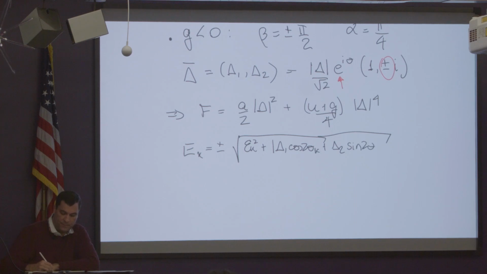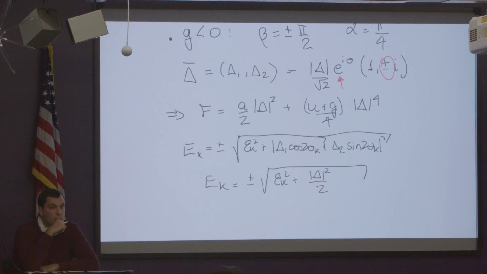This is theta k. If I substitute this here, the e to the i theta goes away, and they have a relative phase of pi over 2, so the gap actually is going to be plus or minus square root of epsilon k squared plus mod delta squared over 2. It looks exactly like an isotropic gap. So it doesn't break any of the rotational symmetries of the problem.